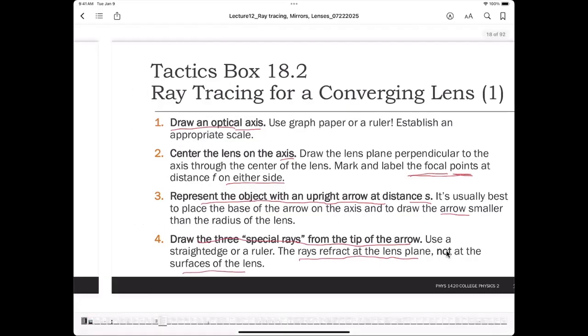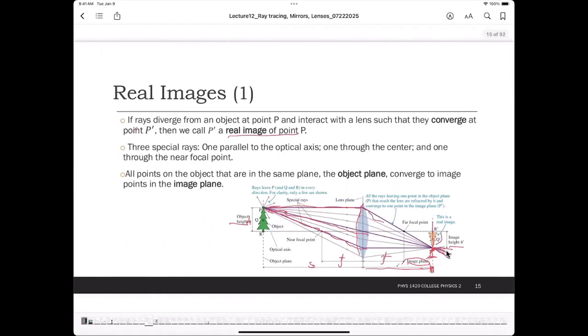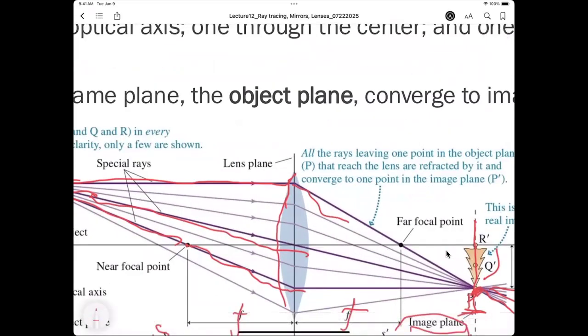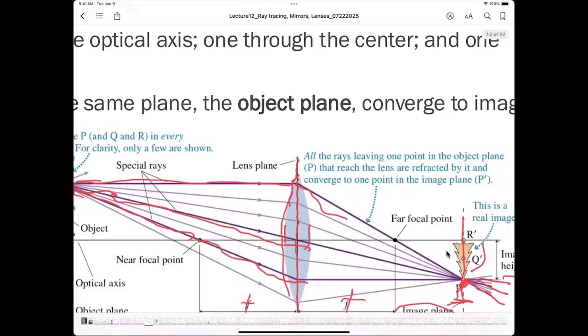You can see here, this is the lens plane. The refraction happens here, not here, not here. Does that make sense to you? This is just an idealized situation.